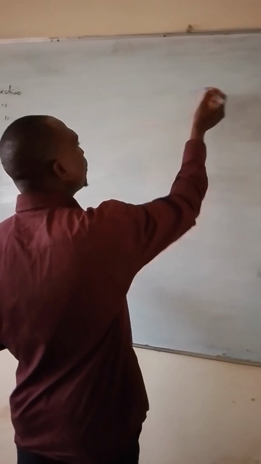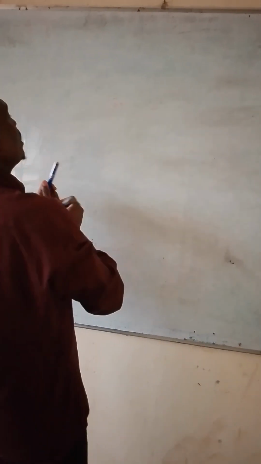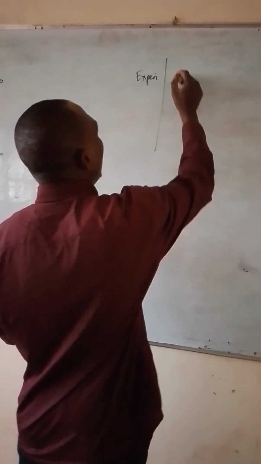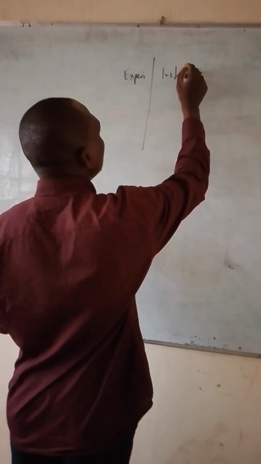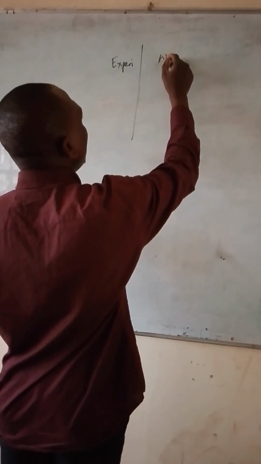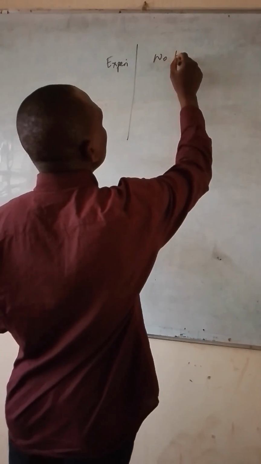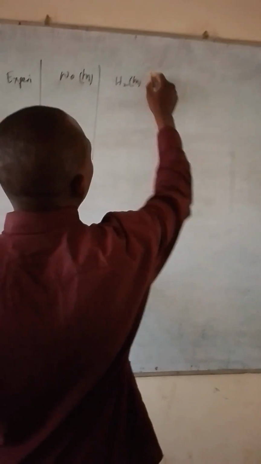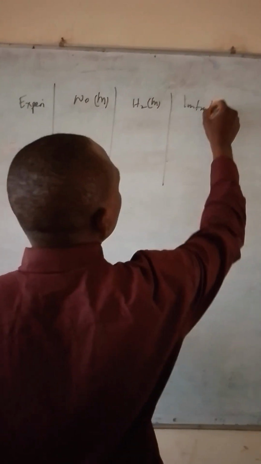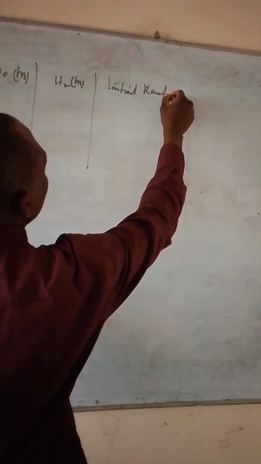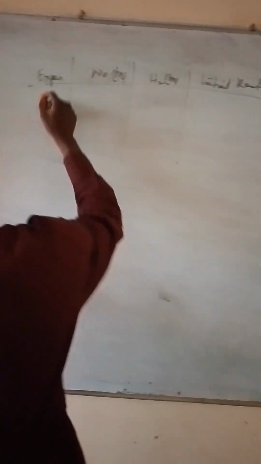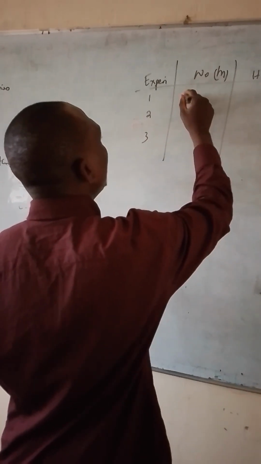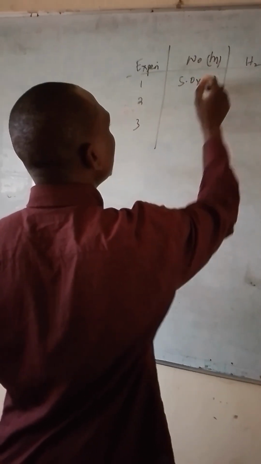For instance, if we have a table with experiment, initial concentrations of N2 and H2 in moles per liter, this is a question you might experience in exams. Here are experiment 1, 2, and 3. The first one is 5.0 times 10 to the power of minus 3.